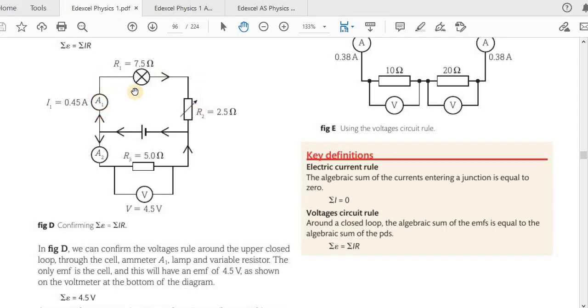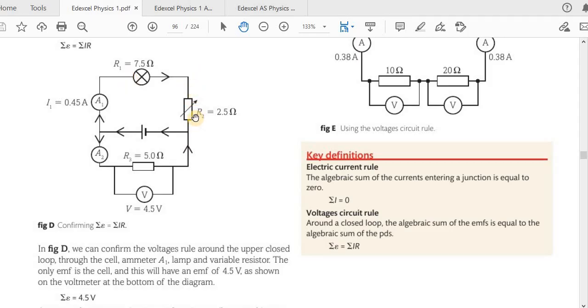Now we can try. So we will use V equals IR for this first loop, which is at the very top. So I is 0.45. You can use your calculator right now. Actually you can even write it down, times 7.5. So that 0.45 times 7.5, we are using V equals IR, I times R. The potential difference across this is 0.45 times 7.5, which is 3.375. Same way you can do it for this.